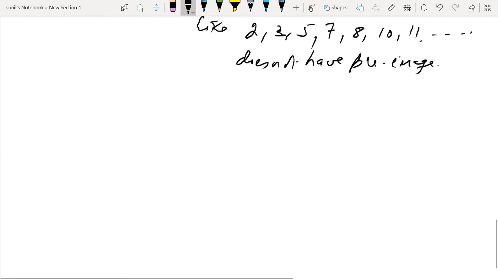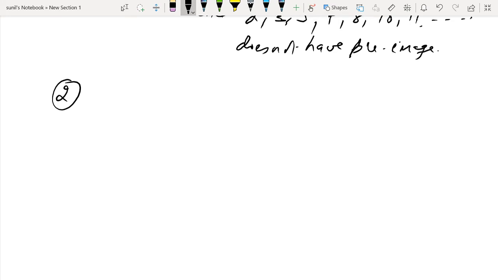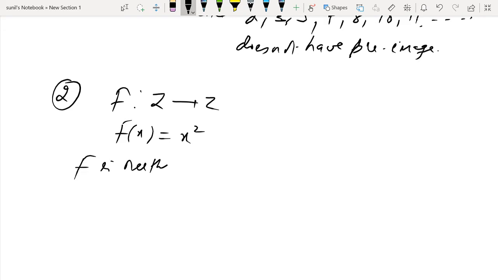Now what about the second case, if this is from Z to Z, and it is defined like this, f(x) equal to x square, then I will say that f is neither 1-1 nor onto. The reason is very simple. Now see, we know that minus 1 is not equal to 1, but their images are the same.